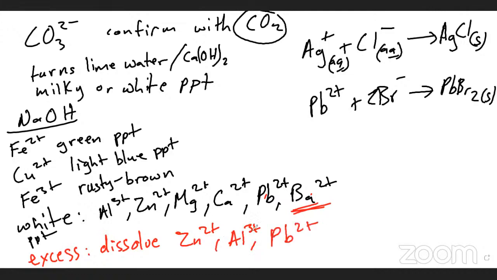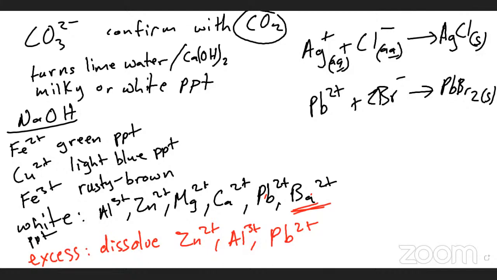So with sodium hydroxide, when you add a few drops, once you get a precipitate, any of these ions are present. If it dissolves in excess, it is zinc, aluminum, or lead.